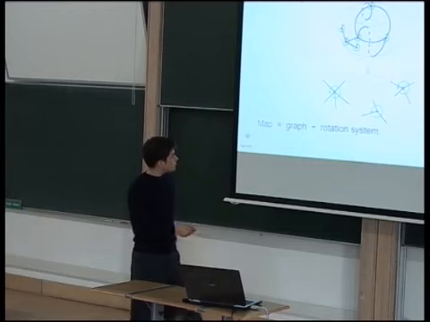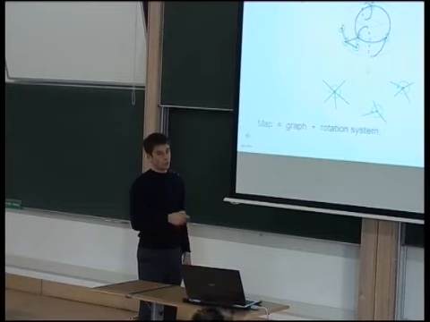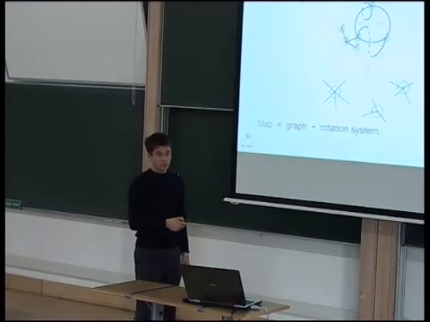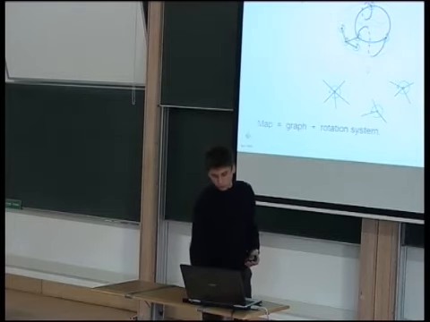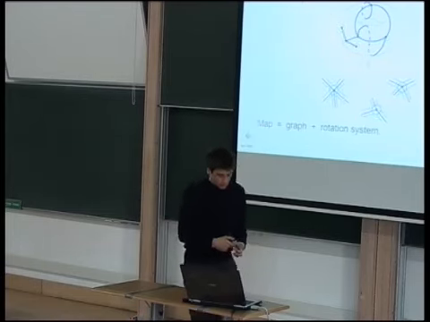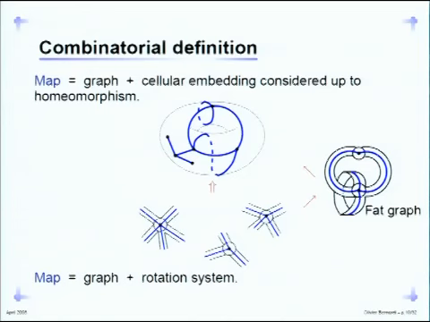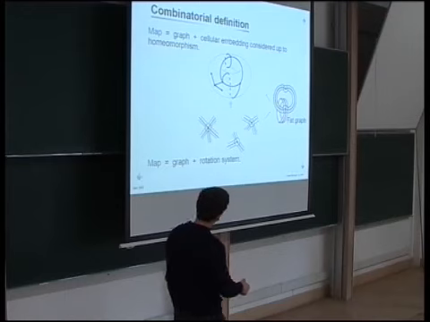What I'm saying is that if I am given a rotation system, there is a unique surface and a unique embedding on this surface, giving a map, a topological map. And the reverse way would be to look at fat graphs. So I have this rotation system, so I can expand my edges a little bit. I will obtain something that looks like that.